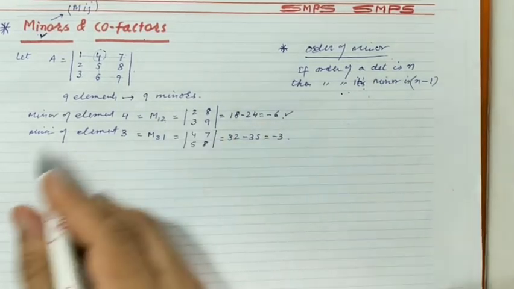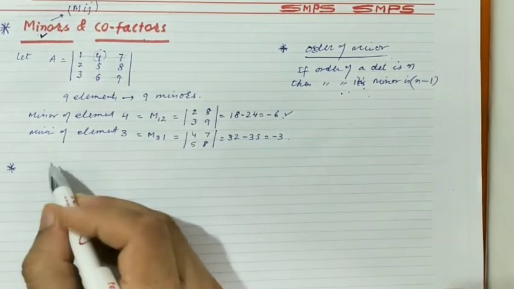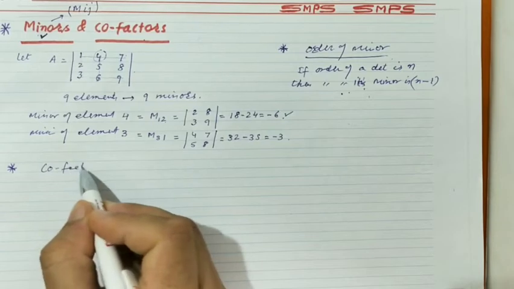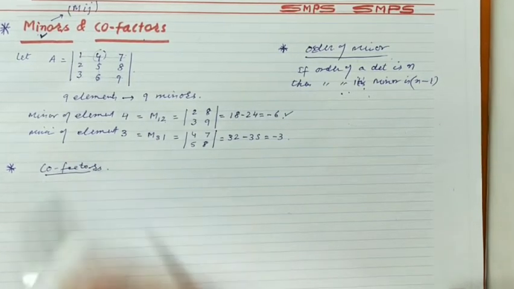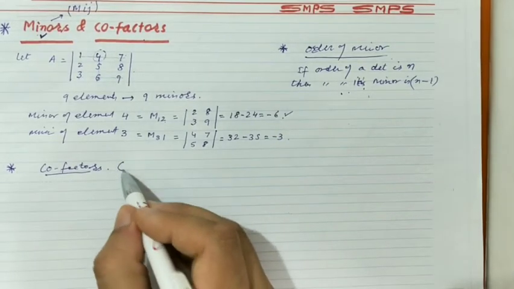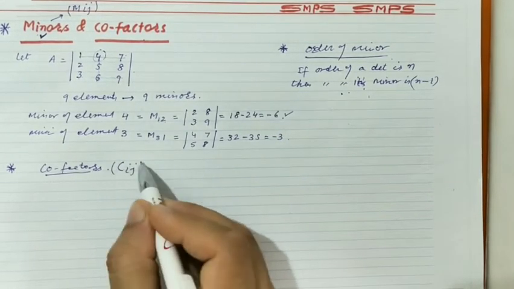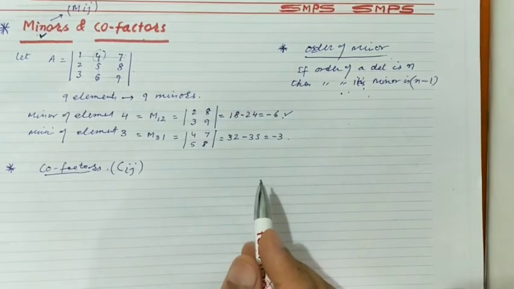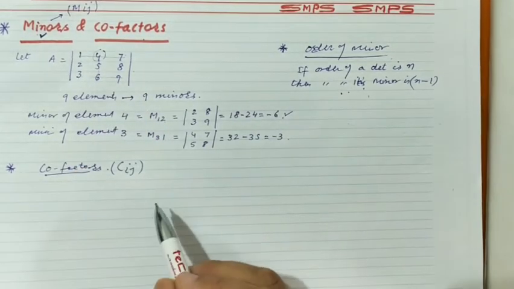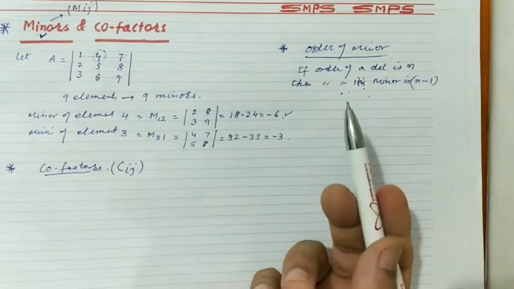Okay, now we'll discuss the cofactors. Cofactors are represented by Cij, i row, j column. How many cofactors does this determinant have? How many elements?